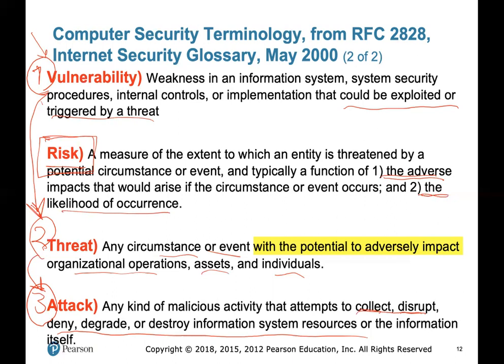Or some vulnerabilities might be very probable, but their outcome is very low or very easy to cope with. Again, they are not big risks to our system. So when we say risk, it's somehow the multiplication of these two: the bigness of the outcome times the probability of that outcome.